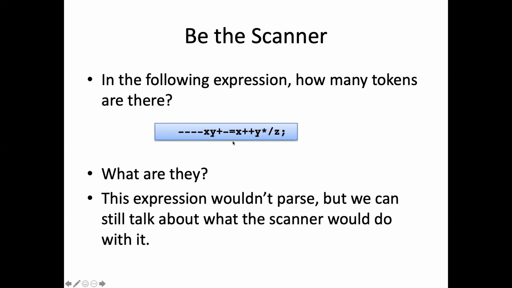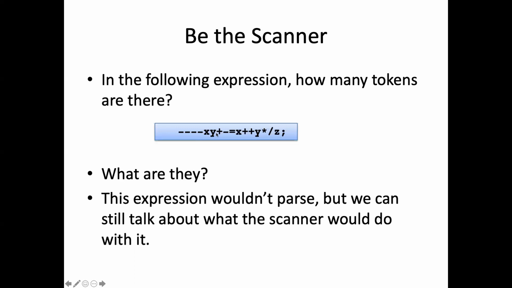I don't think this would compile to anything legal, but the scanner can still find the tokens. And then it's the parser's job to decide whether or not this is part of a legal program. And the scanner could make sense of this. First token is going to be minus minus, because that's a legal, like, post or predecrement. And then another minus minus. And then XY is a legal identifier name, but XY plus doesn't mean anything.